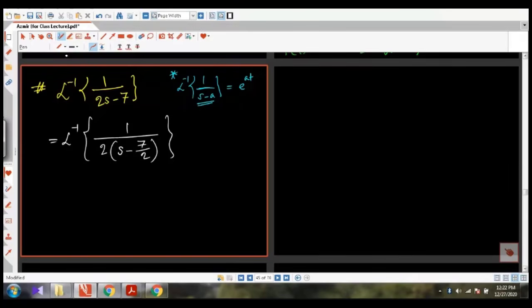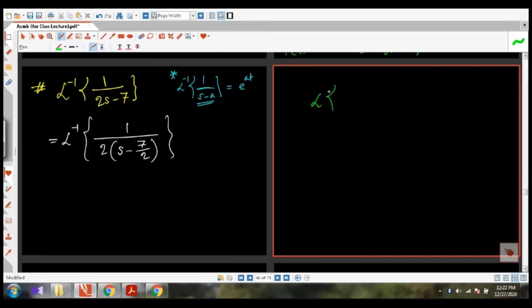Laplace transformation follows the linearity property, and in linearity property you have learned that both Laplace and inverse Laplace transformation pull out the constant.